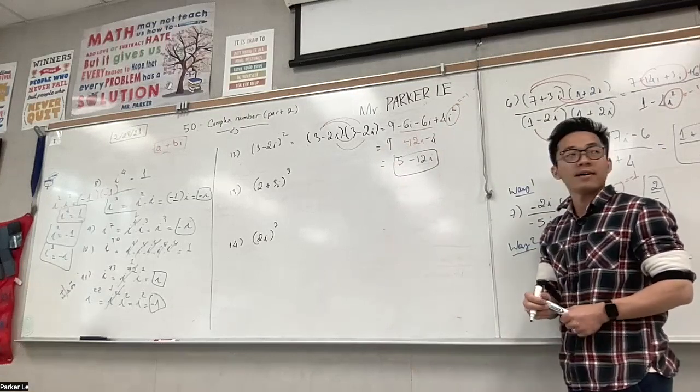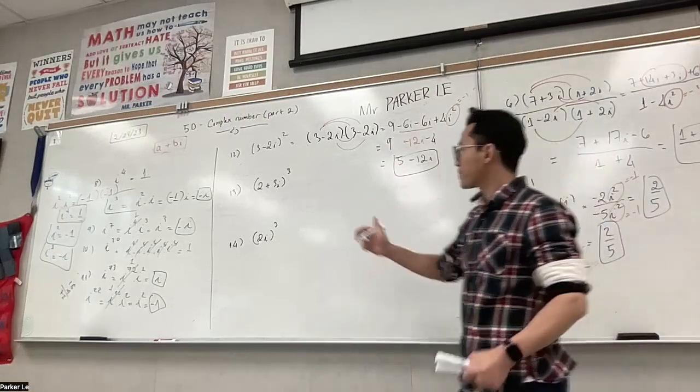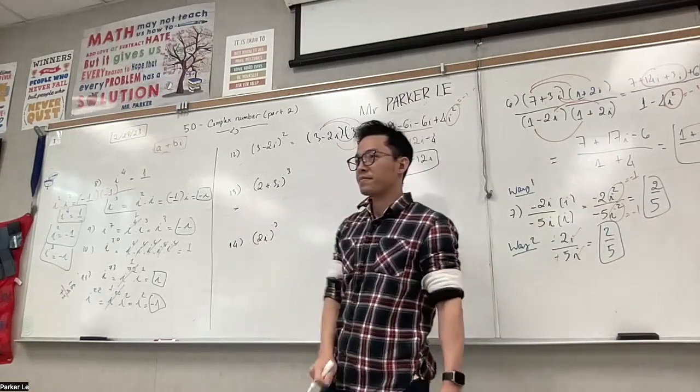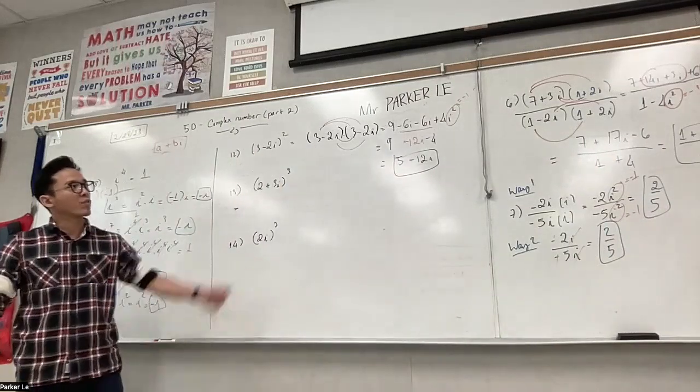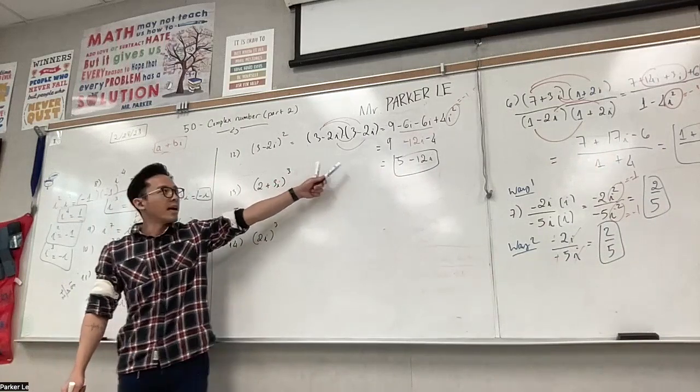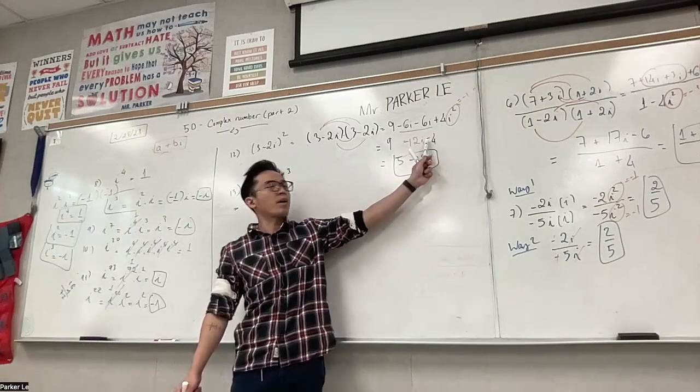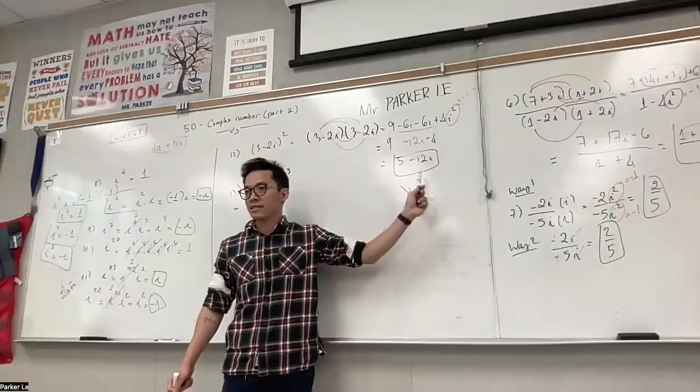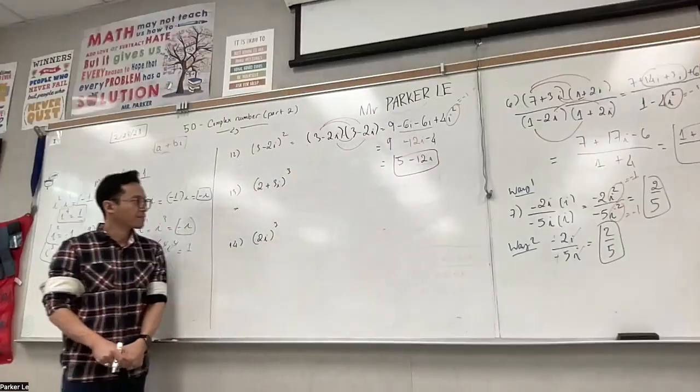We have half an hour left. Any question with this? I just multiply it out, and then I change the i squared to negative 1. Combine the terms, and I get the standard form.